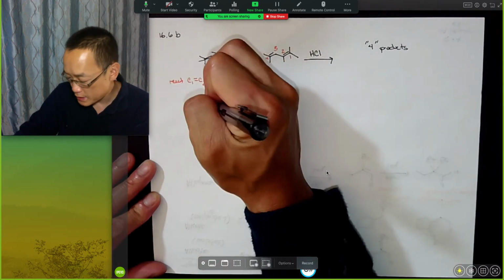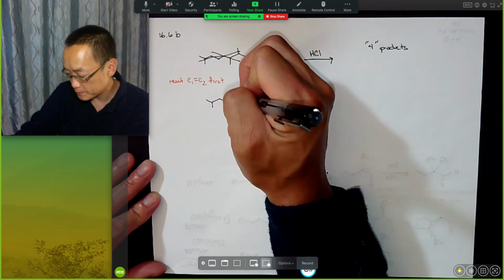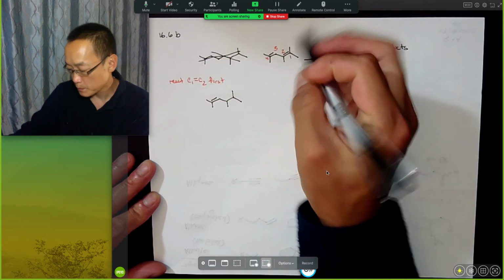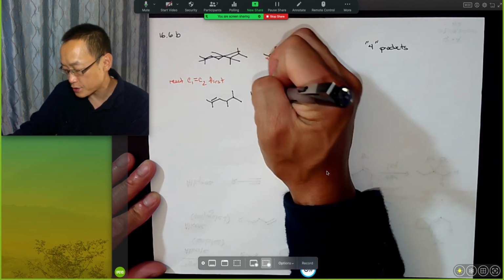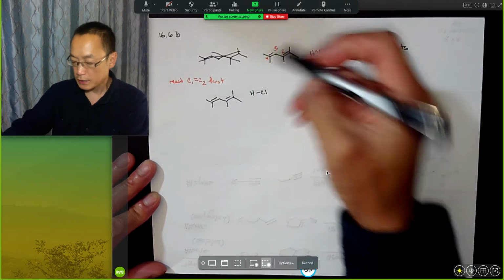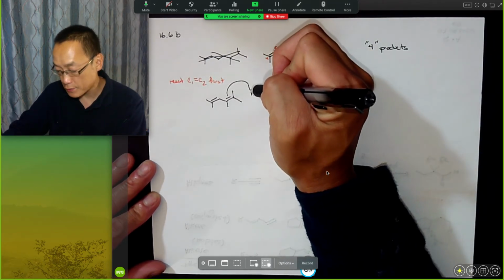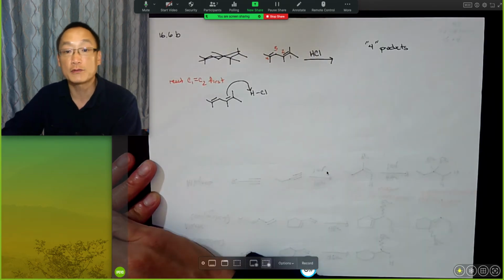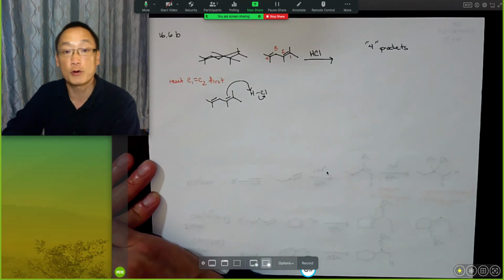And so I'm going to start to take a look at this reaction mechanistically. I am going to say that if I have HCl present, we know that this double bond will always behave as a nucleophile and react with that hydrogen, and this chlorine will break as a consequence of that interaction.